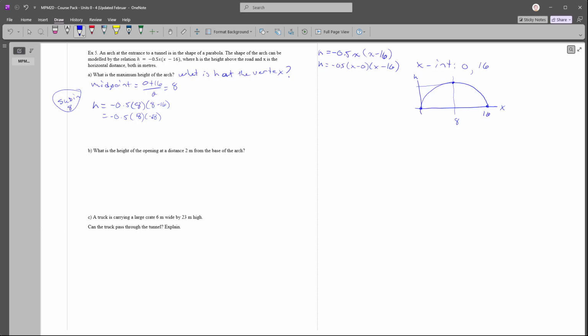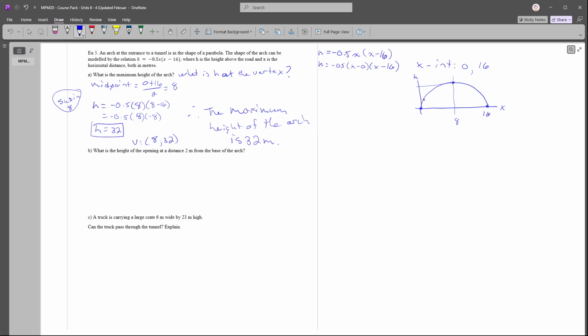That's negative 64 times negative 0.5. That's just going to give us 32 right on the button. So that tells us that our vertex is located at 8, 32. That's good information to know. So therefore, the maximum height of the arch is 32 meters.